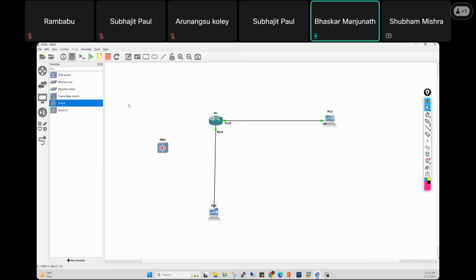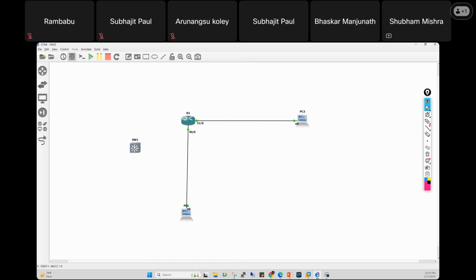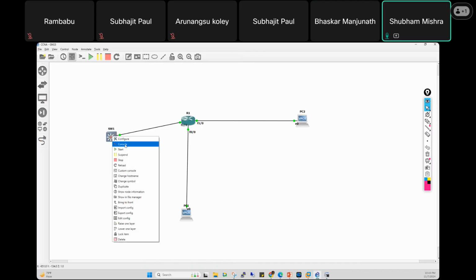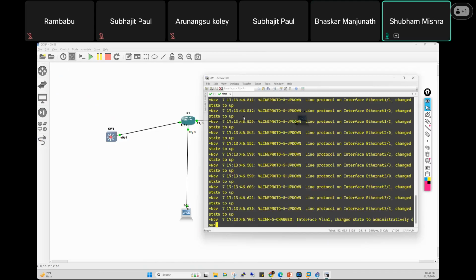It's up, sir, then only directly connected. Actually, I'm not getting it, sorry. What are you asking? I think you are asking something like multiple ports, right? Yes, yes. Okay.